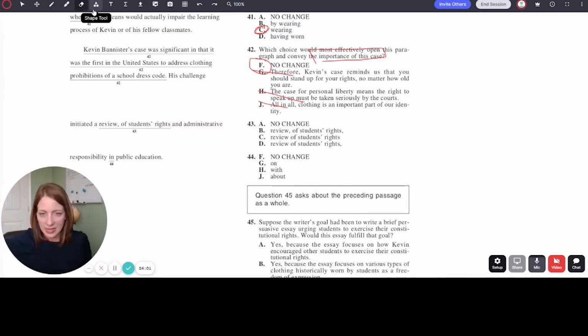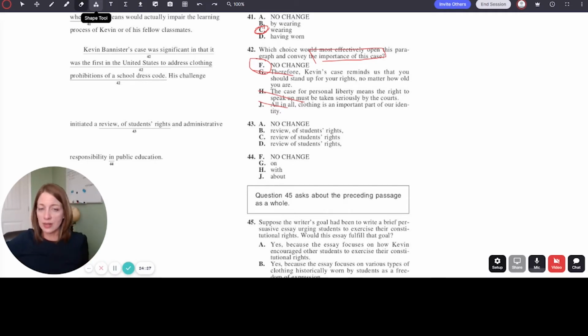What skill is it testing? We've got commas moving around, so this is purely a comma usage question. His challenge initiated a review of students' rights and administrative responsibility in public education.